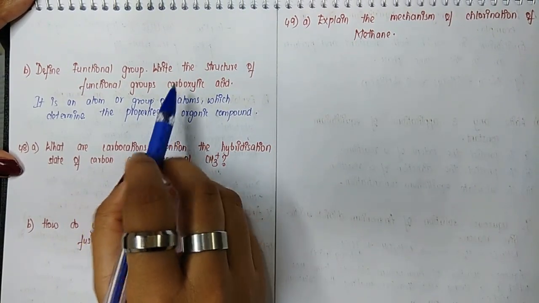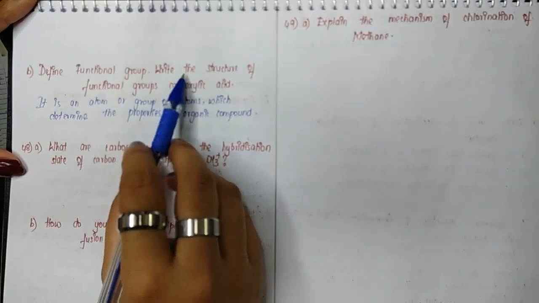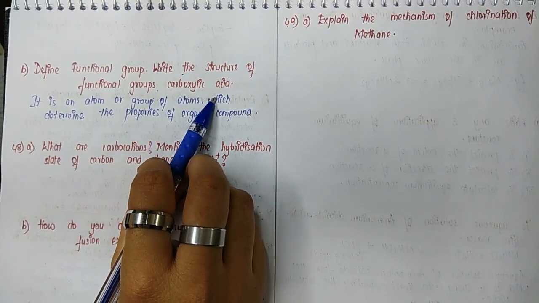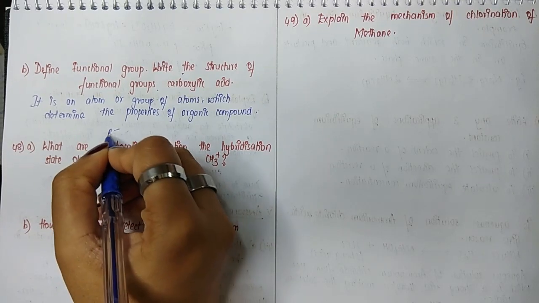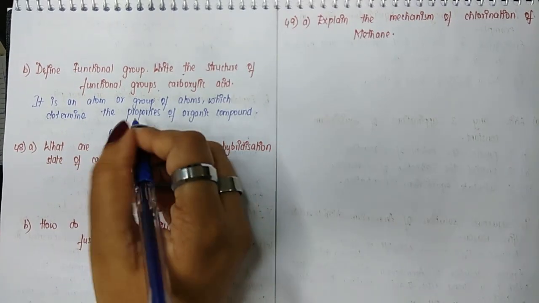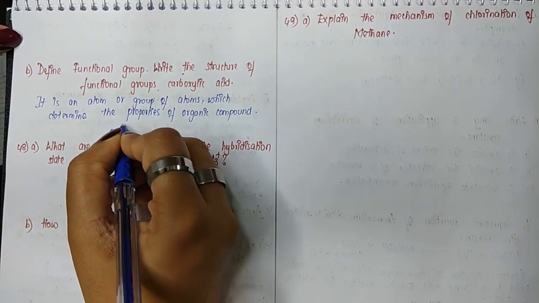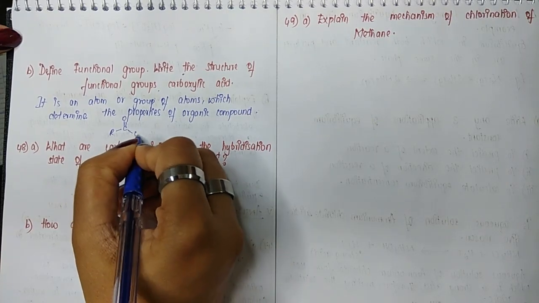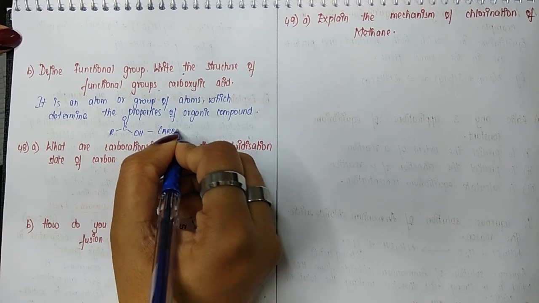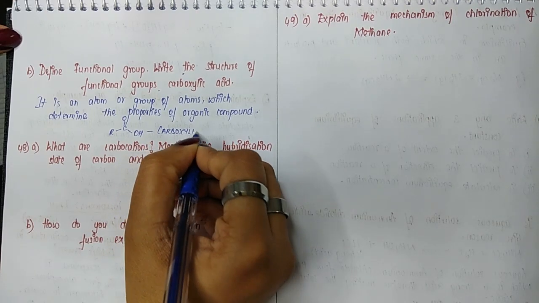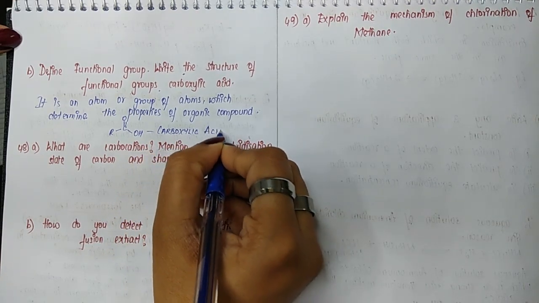That's 1 mark. Now another one is write the structure of functional group carboxylic acid. For this, you give any R group, it can be methyl, ethyl, any group. And we have C double bond O and an OH. This is for carboxylic acid.